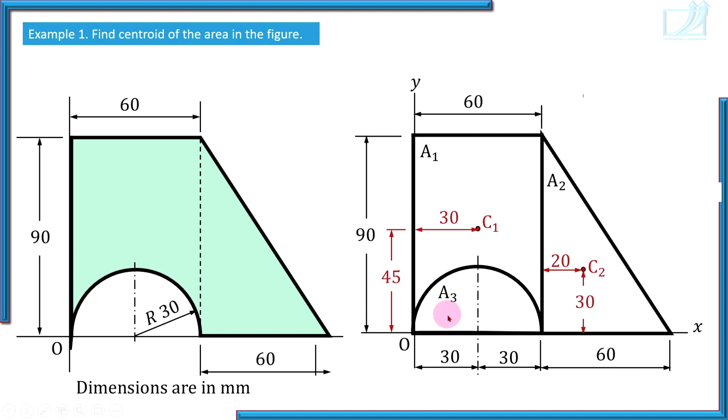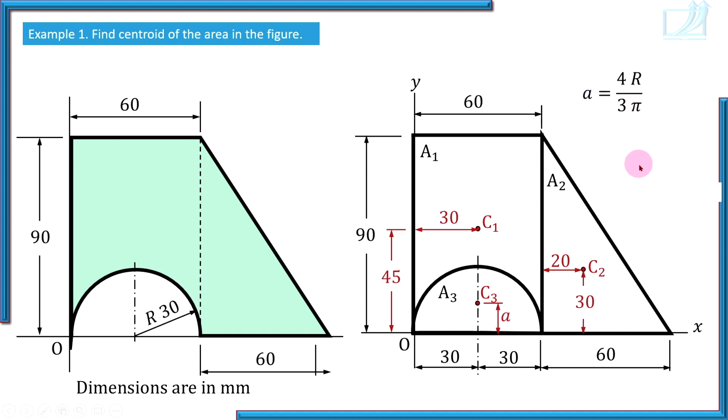So, one more shape involved here is the semicircle. What do you know about centroid of a semicircle? It lies on its axis of symmetry at distance 4r by 3 pi from its straight edge. So, on axis of symmetry C3, and where exactly is it? At distance 4r by 3 pi. I have labeled it as a, and the numerical value of a we will calculate now. a is 4r by 3 pi.